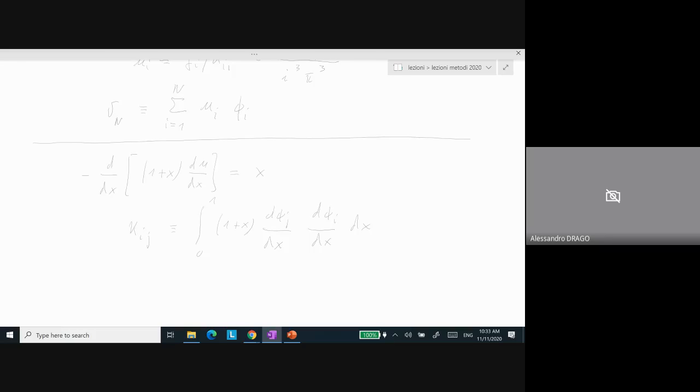But maybe if you want to try to play, recall that there is that package that is called SymPy, Symbolic Python. And I do not exclude that there are smarter ways to use it than what I have been able to find up to now. Okay, so maybe one can compute this in a smart way using Python.